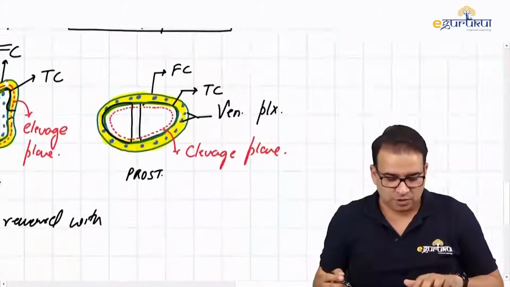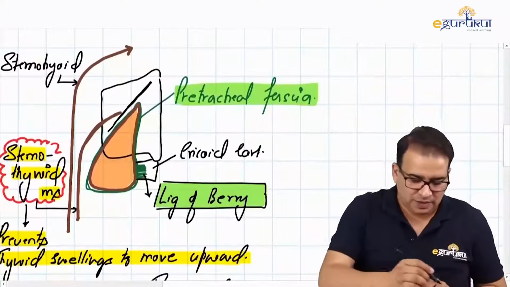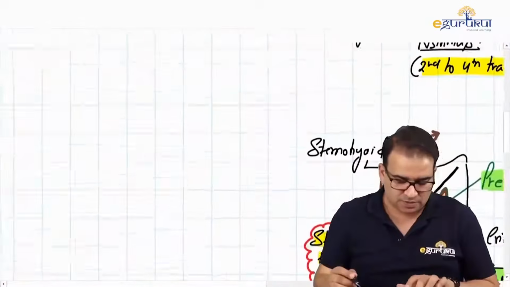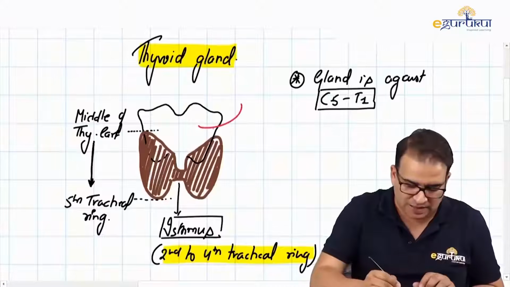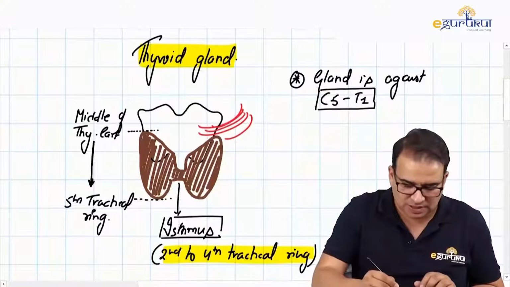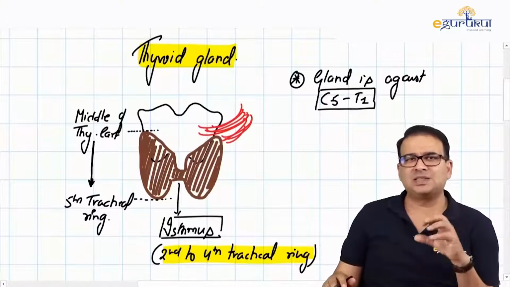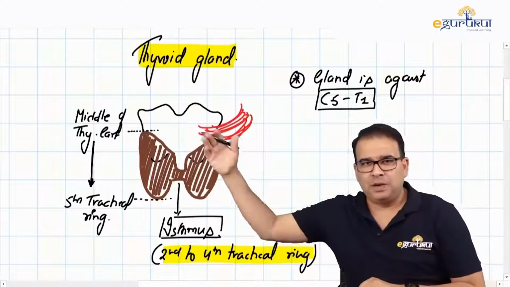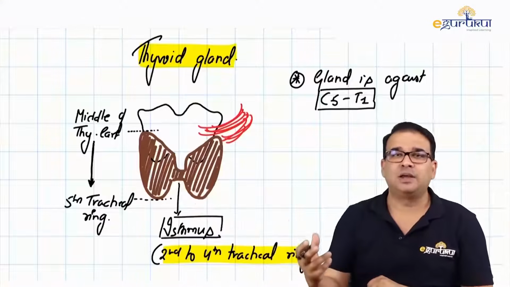If I just take you back to this picture for a second and make you think about the muscle. The muscle that originates from the thyroid cartilage and goes backward like this will be the constrictor. That is the inferior constrictor, more precisely the thyropharyngeus part. And between the thyroid and the cricoid cartilage, the muscle of the larynx present outside is cricothyroid.